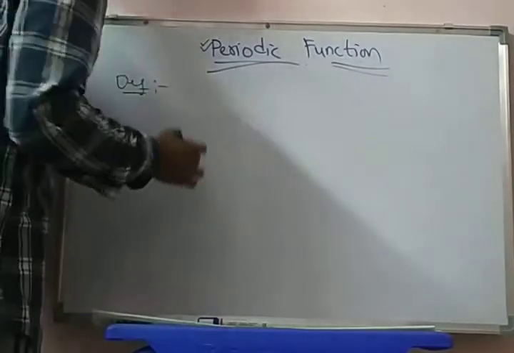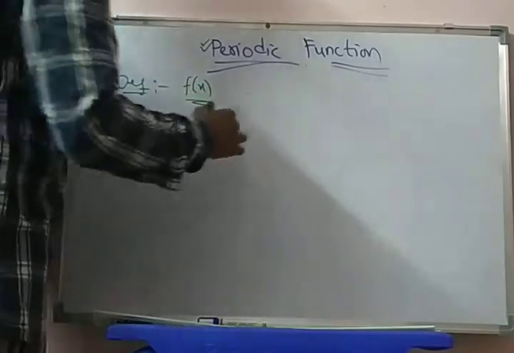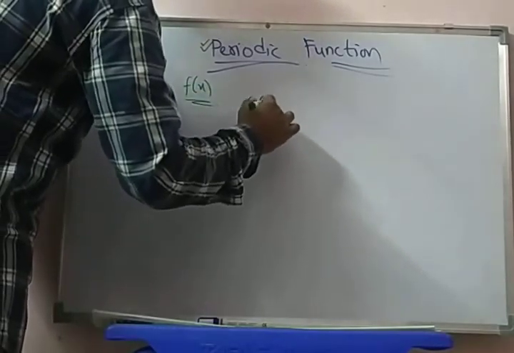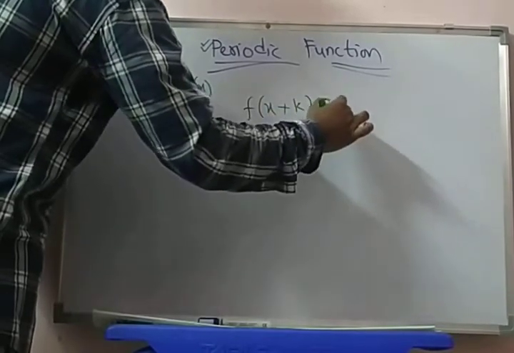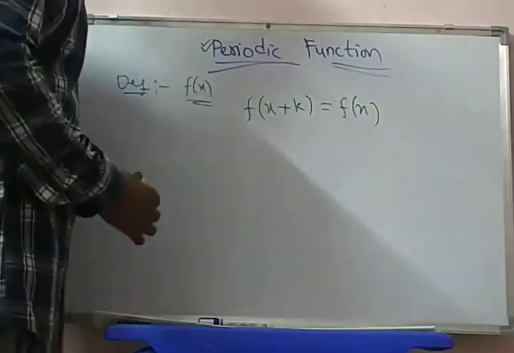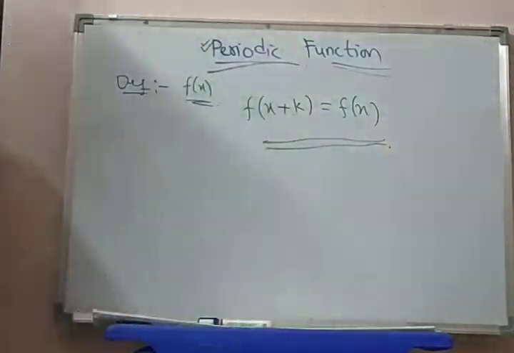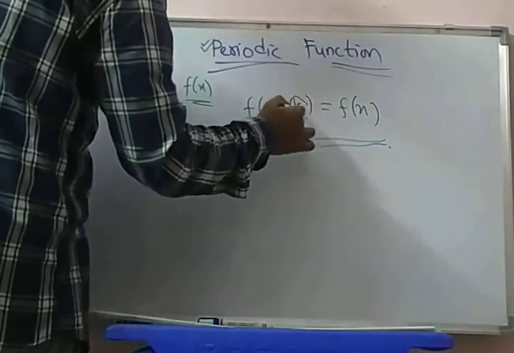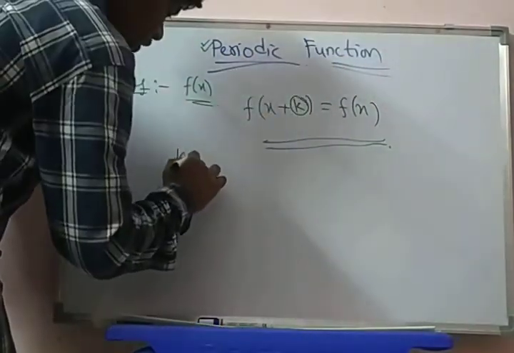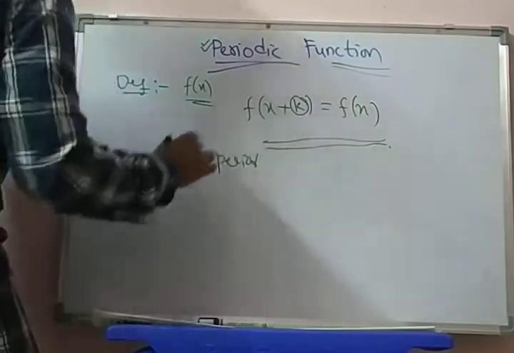Let f of x be a periodic function, then it should satisfy f of x plus k is equal to f of x. If this equation is satisfied, it is called a periodic function. Here k is the period of f of x.